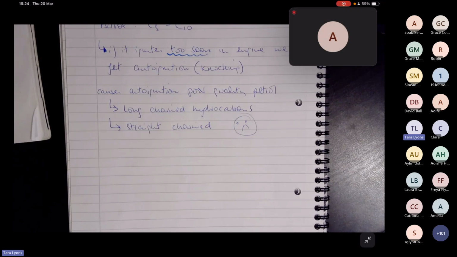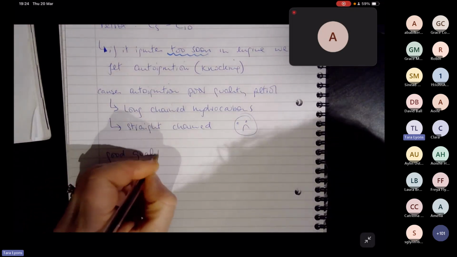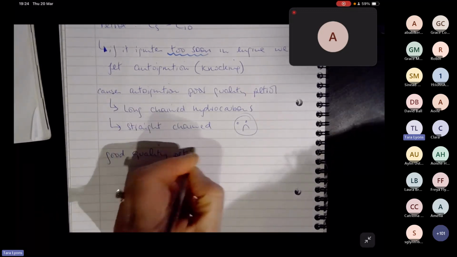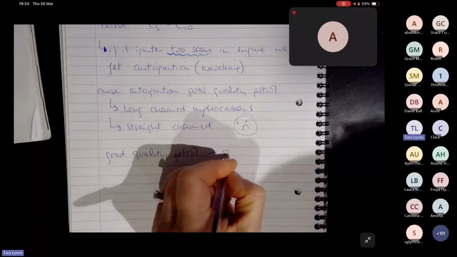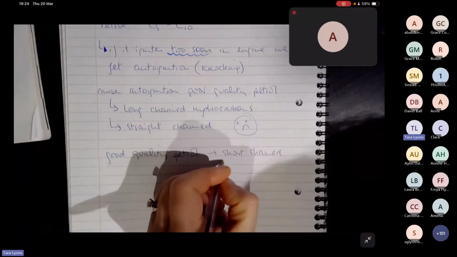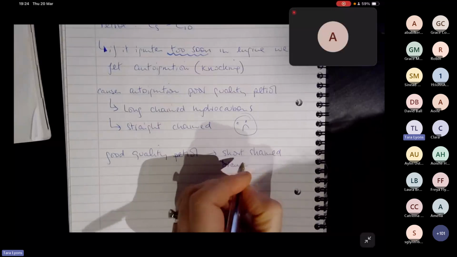So what do we want? Good quality petrol will have the following features. Good quality petrol: the molecules will be short-chained. They'll be branched, so they'll have loads of carbons coming off them.